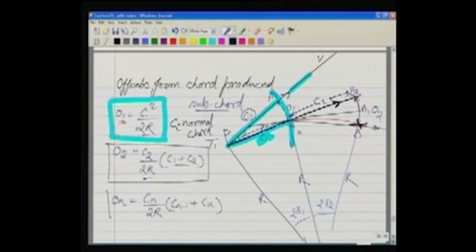So here is the general formula. From any extended chord, we are standing on a point in the curve which has just been set out. Standing at that point, the previous chord is extended, and from that extended direction we take a distance.